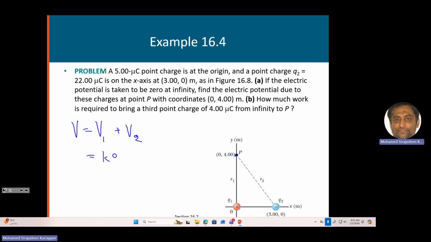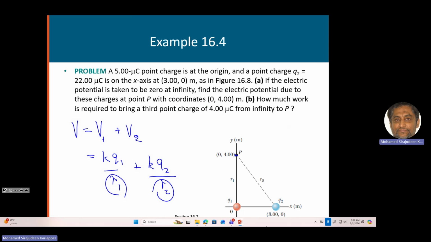It is KQ over R. So for charge 1, it will be KQ1 over R1, plus for the charge Q2, it will be KQ2 over R2. Of course, you need to know what R means. R means the distance from that particular charge to where you want to get the potential. And this is a matter of substitution.